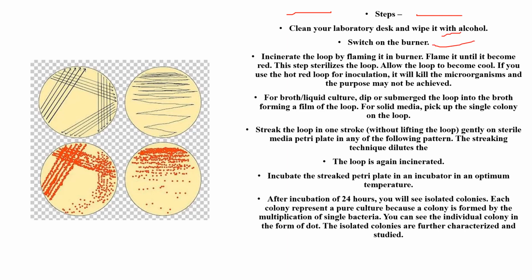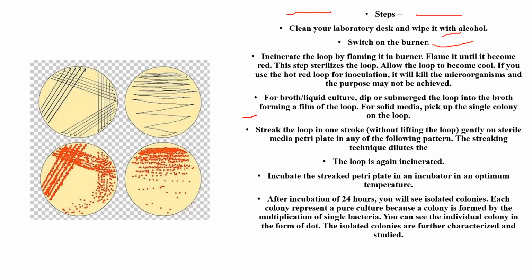Then we will pour the sterile media, autoclaved media into the sterile petri plate and let it solidify for 10 to 20 minutes. After media gets solidified, we will incinerate the loop or heat the loop till it gets red hot.